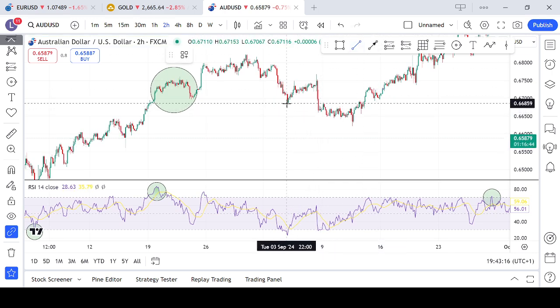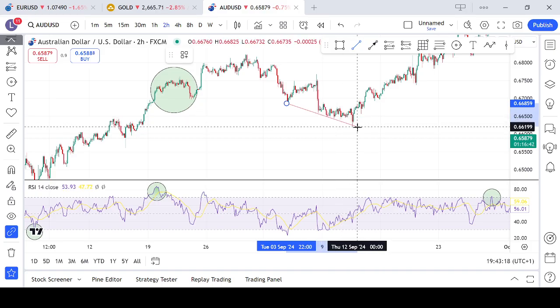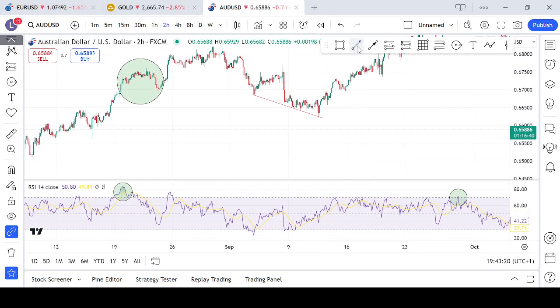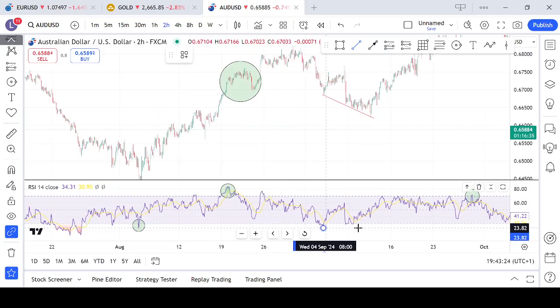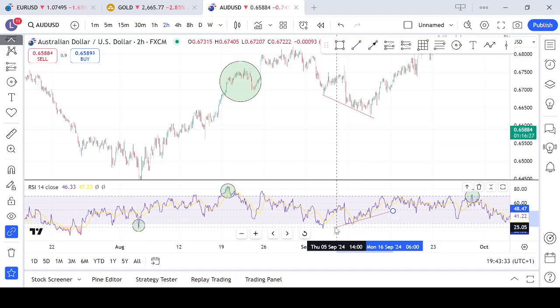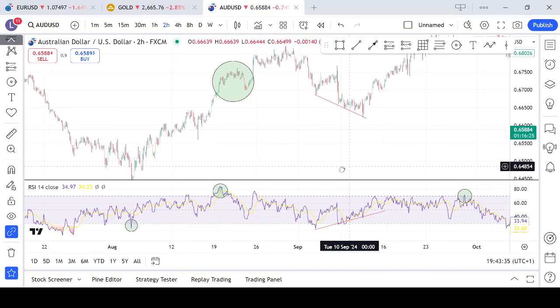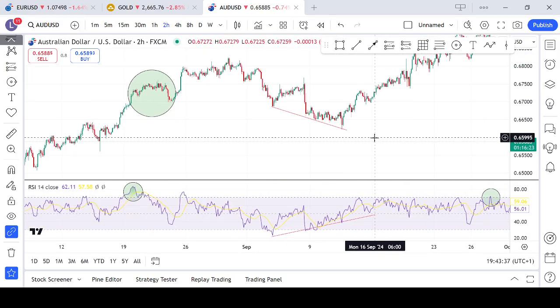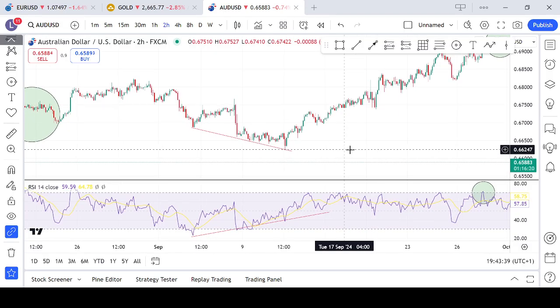You see here, price is giving us these lower lows, but RSI is giving us higher lows instead. You can see that RSI giving us higher lows here, and that signals a bullish divergence, and price could be looking to trade to the upside.